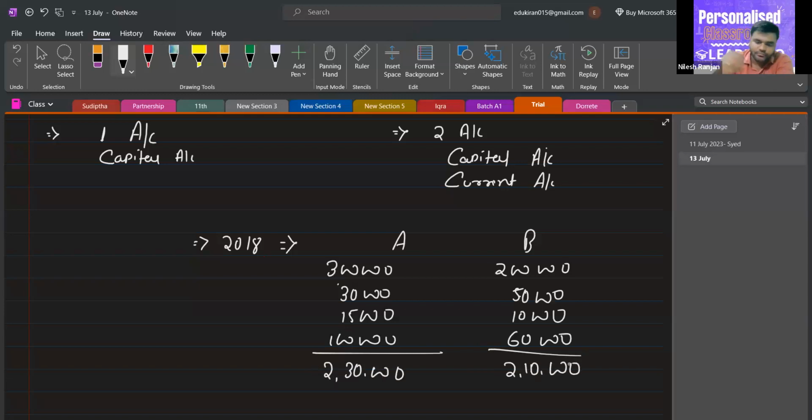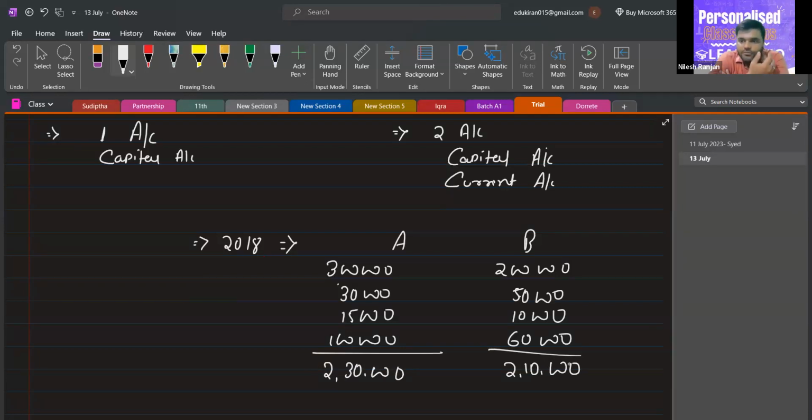Okay, sir. After 3 years, if you want to know how much capital was invested by A and B, can you know it? No, sir. No, because A capital has now become 2,30,000 and B capital has now become 2,10,000.